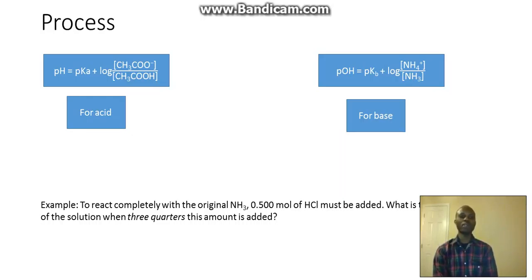What is the pH of the solution when 3/4 of this amount is added? So if we are starting with 0.5 molar NH3 and we have 0.5 more of HCl, but in this case we are just using 3/4 of that. So how much is that?